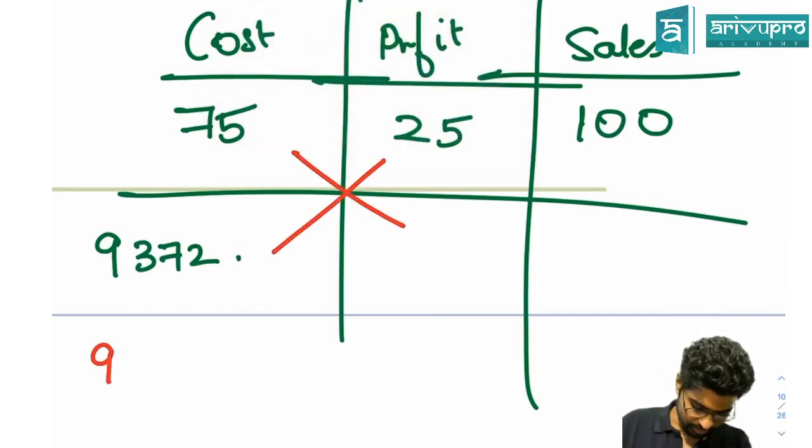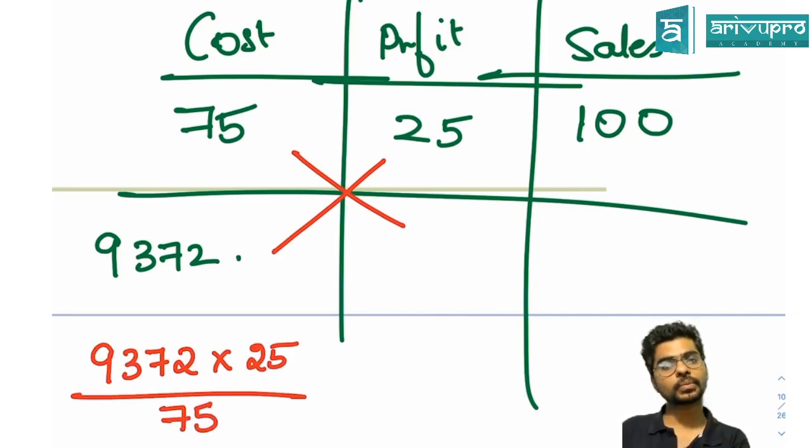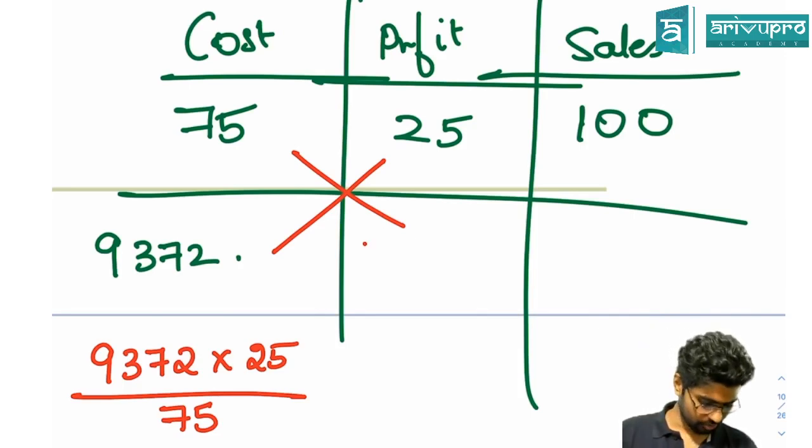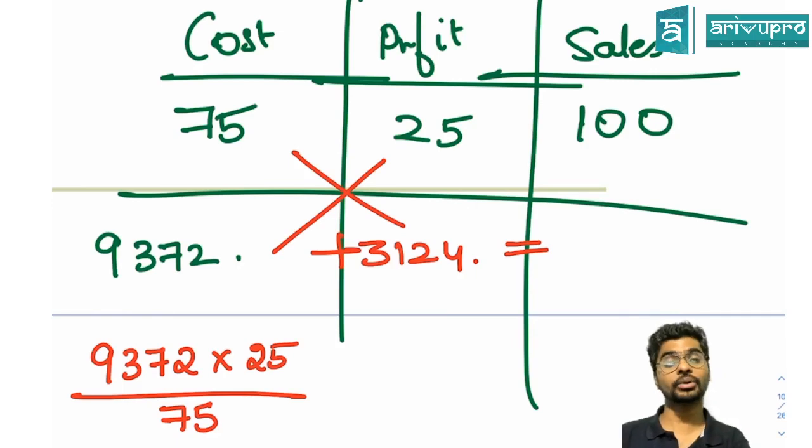How do I do cross multiplication? 9372 into 25 divided by 75. How much does it come to? 3124. This plus this will be equal to my selling price. So, how much is my selling price?